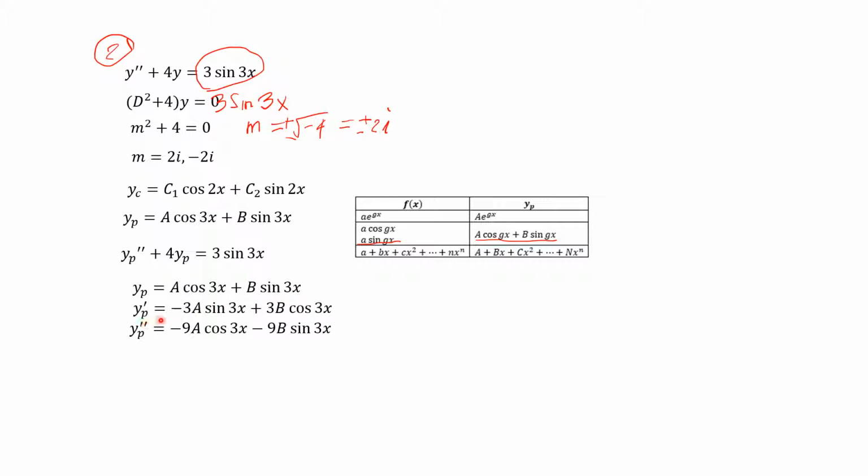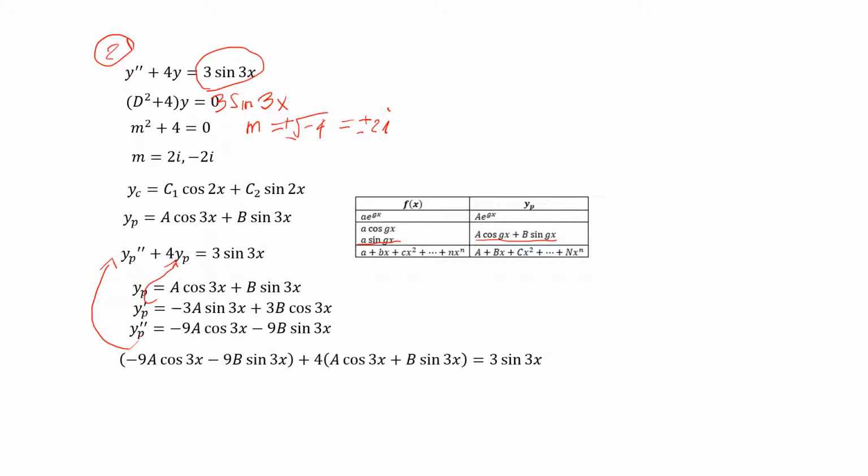The first derivative is, of course, negative 3a sine 3x plus 3b cosine 3x. The next derivative is negative 9a cosine 3x minus 9b sine 3x. Now notice that you will have to plug y p double prime there, and plug y p there.